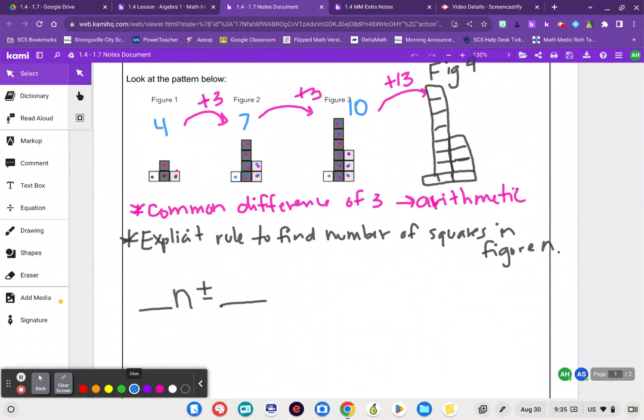Just like we said at the top, my N is going to be the position in the list, or in this case, my figure number.